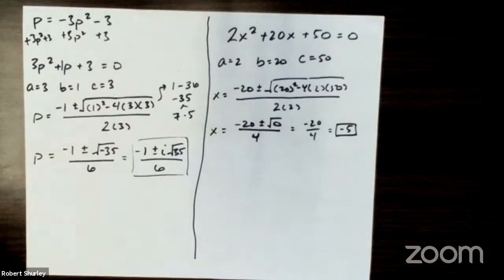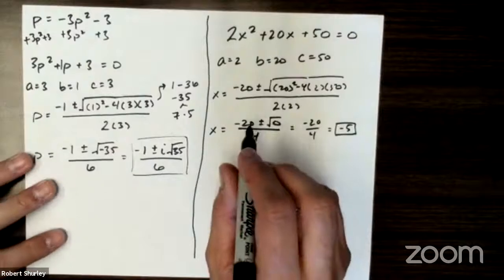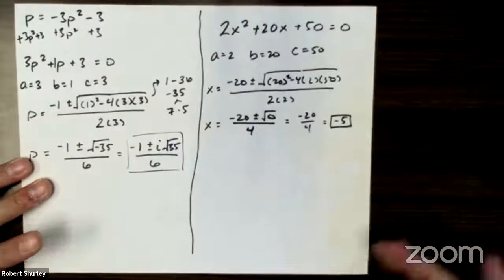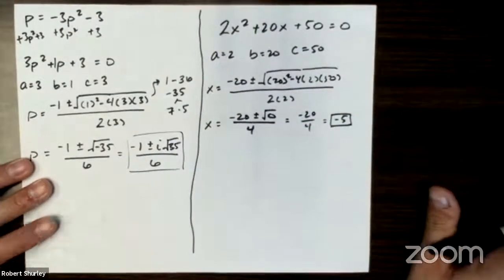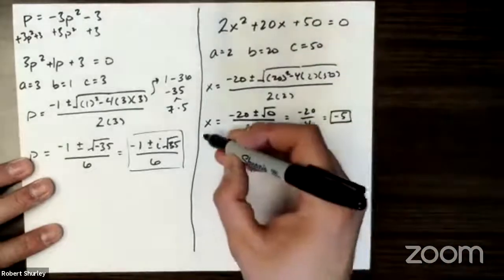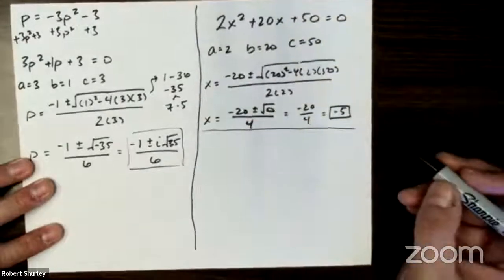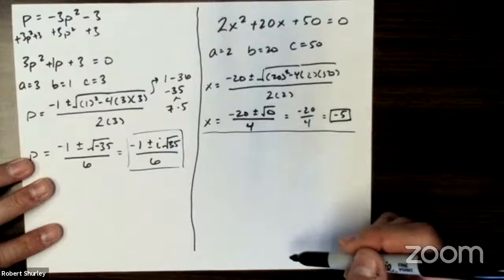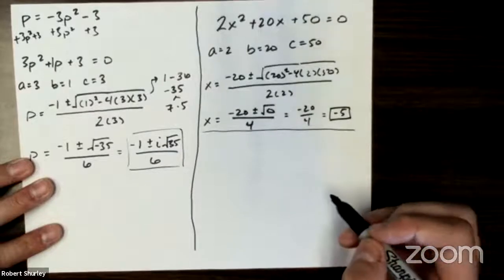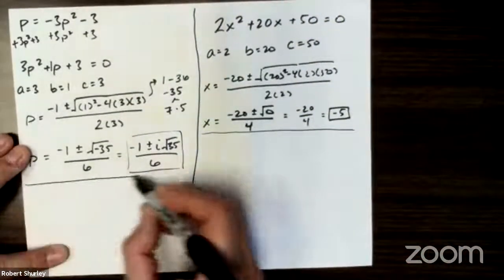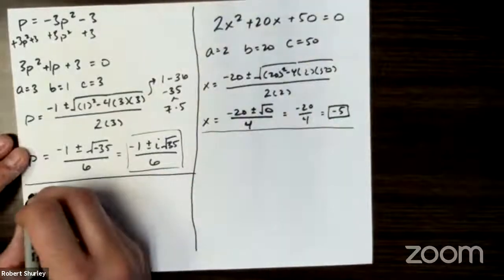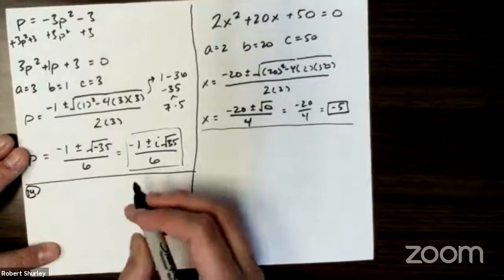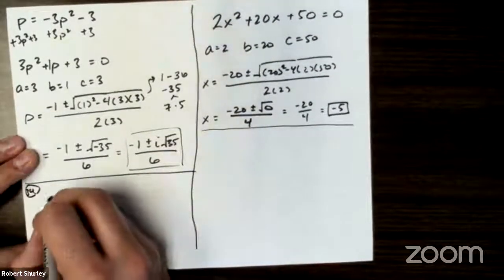Okay, let's look at this one. It looks weird, but it's not that bad. This is number 34 on page 608. I might need a little more room, but it'll be fine. And it looks goofy to start with.